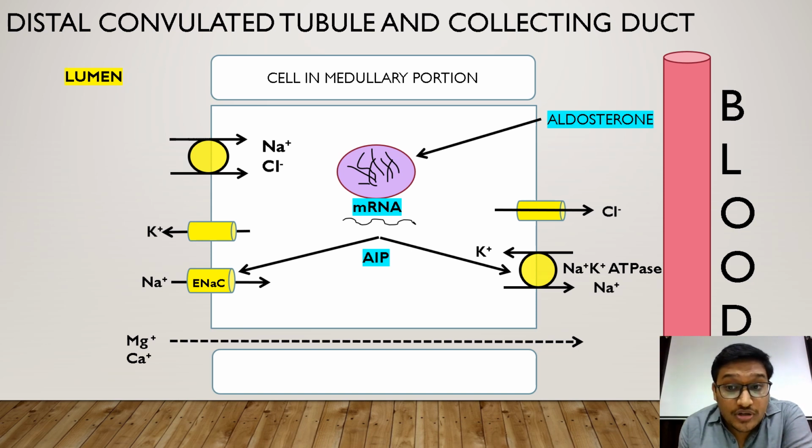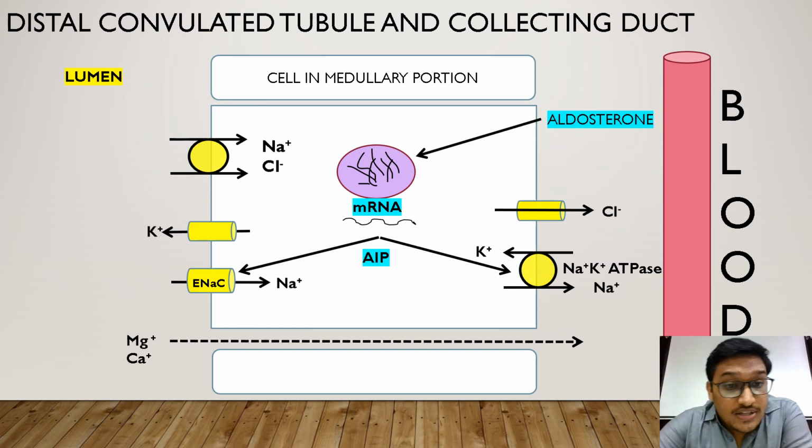The most important thing here is aldosterone. Aldosterone binds with the mineralocorticoid receptor and acts on the nucleus inside the cell to produce mRNA, which produces aldosterone induced proteins like epithelial sodium channels, which transport sodium inside the cell, and even the sodium potassium ATPase.